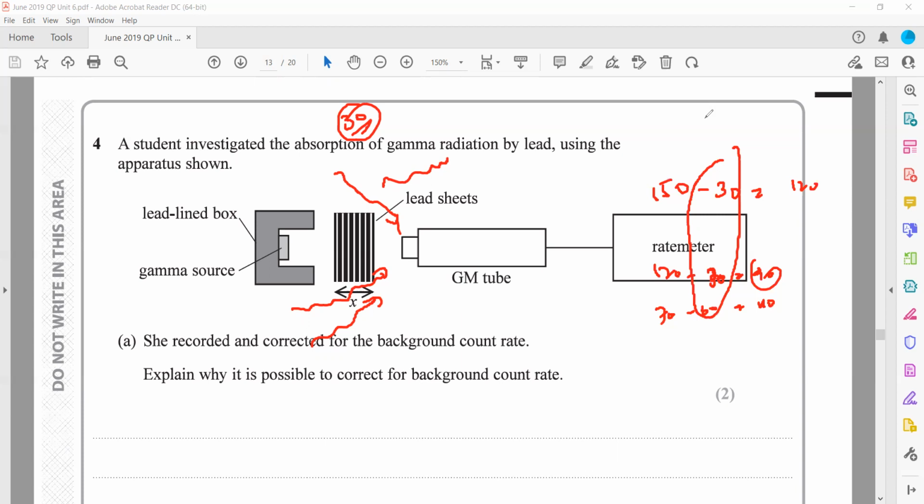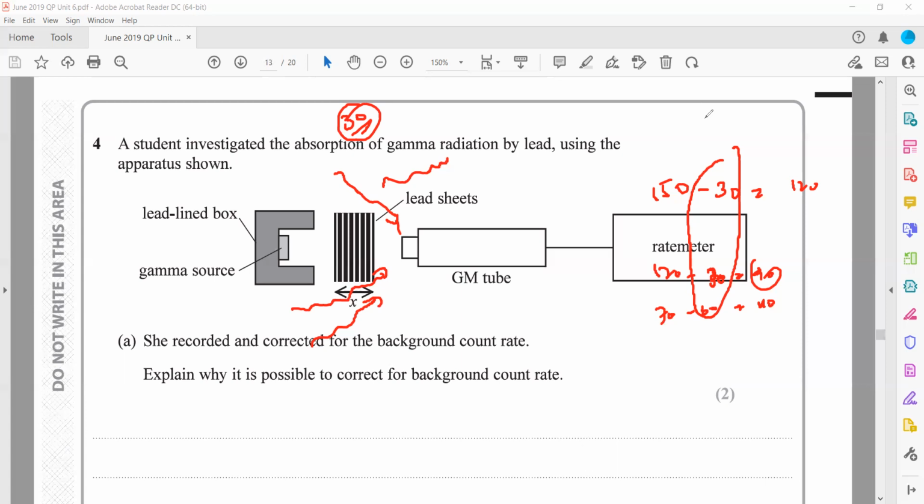Explain why it is possible to correct for background count rate. It is obvious that every time radiation comes out, it comes with an extra background of, for example, 30 or 35 or 32. Every time it is there. So it's easy to just remove that value from the original to get the corrected counts.